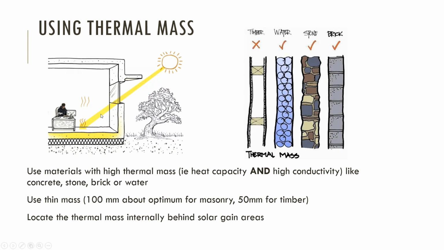Thermal mass: materials with high thermal mass have high heat capacity, meaning they can keep the heat, and high conductivity, which means that they conduct heat. So they're not insulation. Thermal mass is able to keep heat effectively and to release it later.